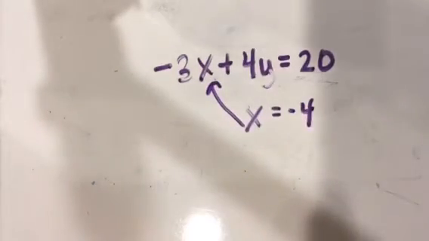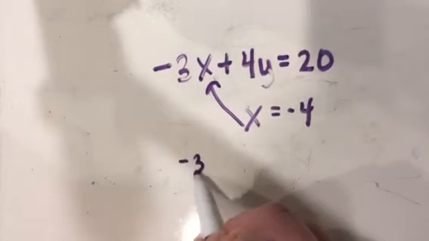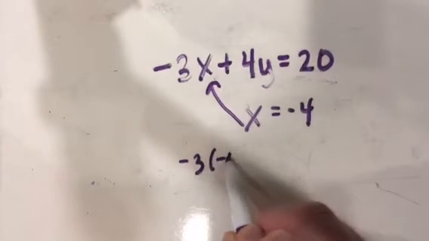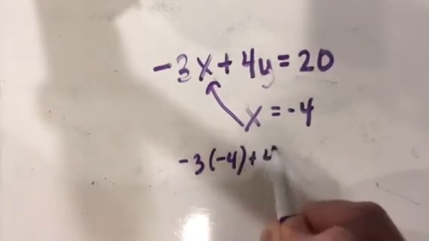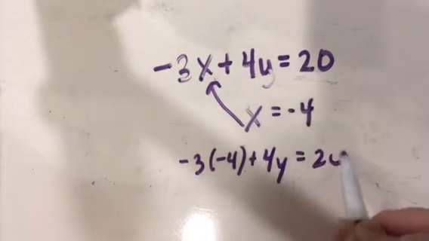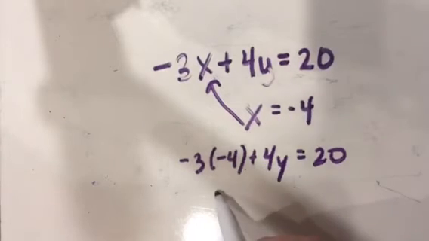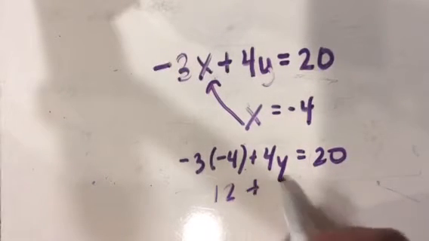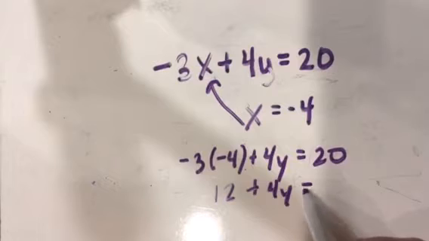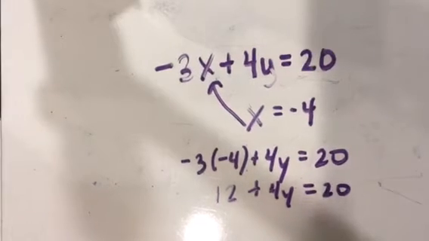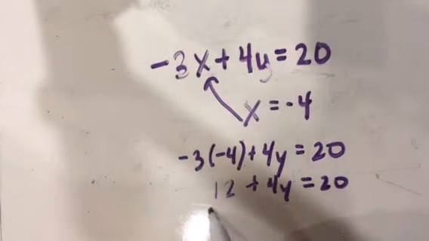We're going to make an x for x swap, but we now know that x is negative 4. So we go to the other equation. That's the key. Once you decide your substitution, you go to the other equation. Then you do the math. Negative 3 times negative 4 is actually 12. And then we are going to subtract 12.